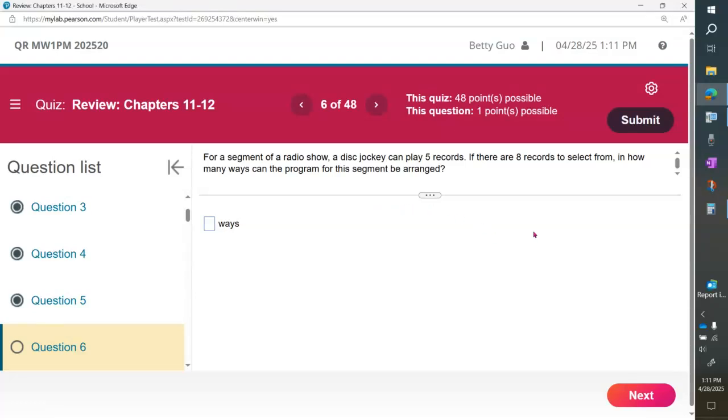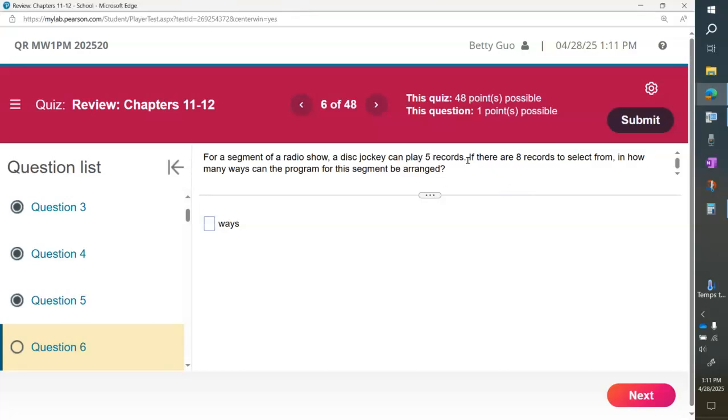Order matters. The DJ needs to determine which record to play first, which record to play second, and so on. So the order matters. The task here is to randomly select 5 from the 8 available records and then play them in order.